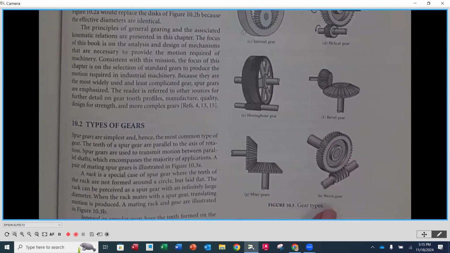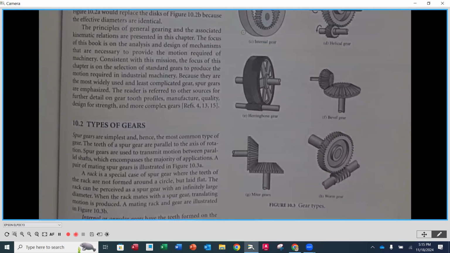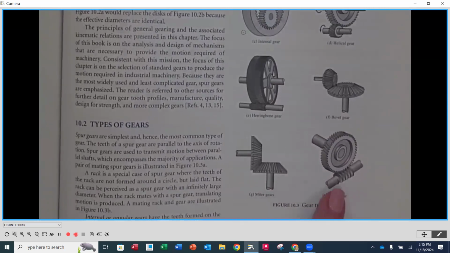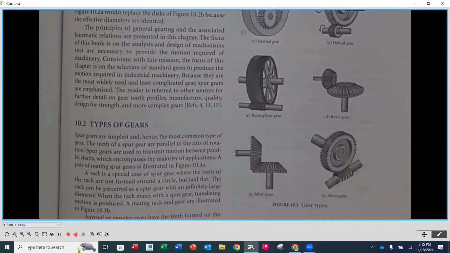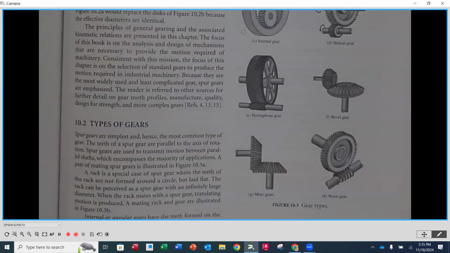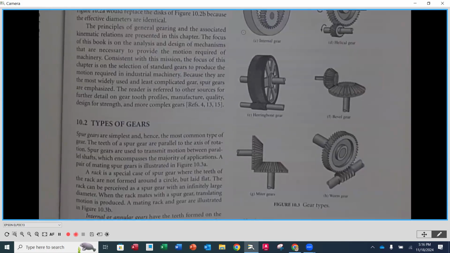And then the last one that we have here is going to be a worm gear set. A worm gear has a spiral, and then it engages with external teeth on a gear. What these offer is what they call zero backlash.